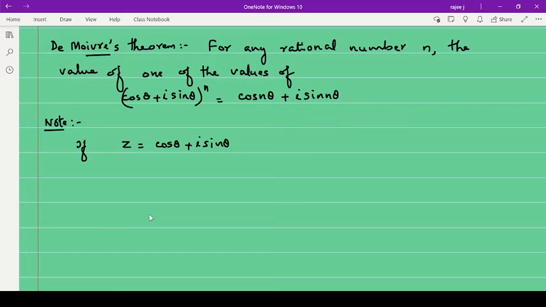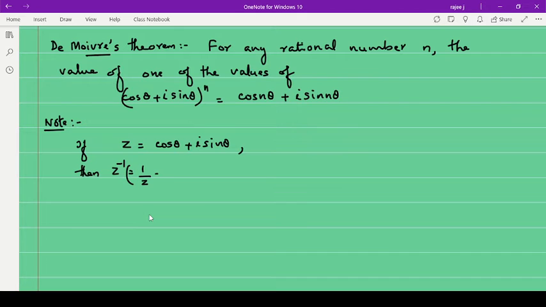Then z conjugate, otherwise we write z raised to minus 1, which is actually 1 by z. Okay, 1 by z means z conjugate, or we can write it as z raised to minus 1, which is equal to 1 by z.